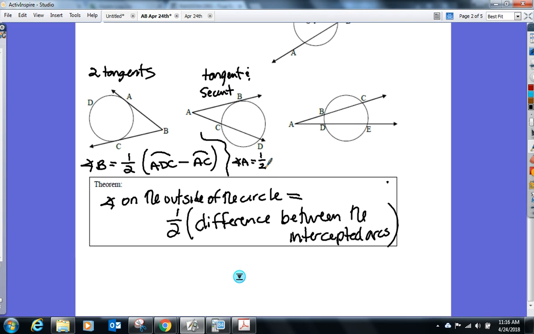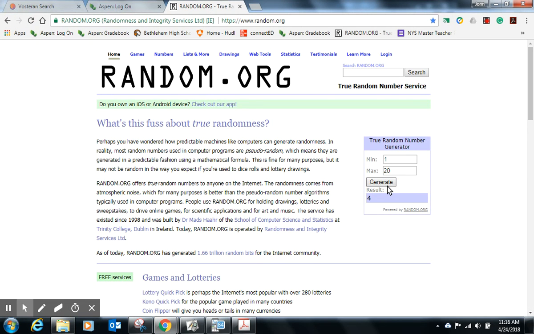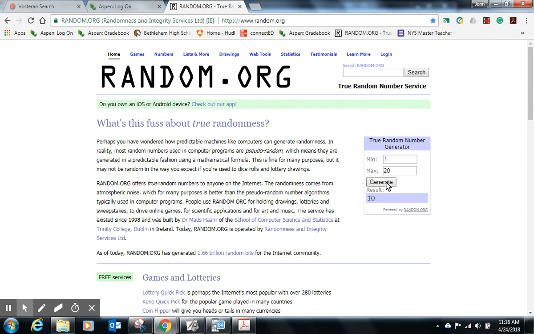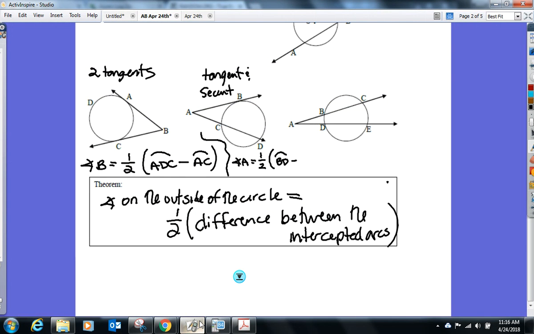Remember, intercepted ones are the ones inside the angle. Give me the first arc. Arc BD, the bigger one. Minus arc BC. Everyone's good so far. Angle on the outside, you subtract the arcs in between it.